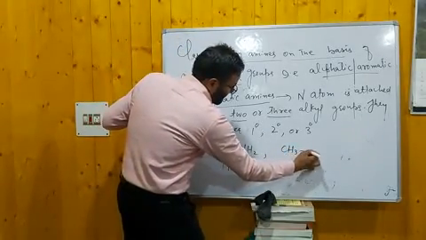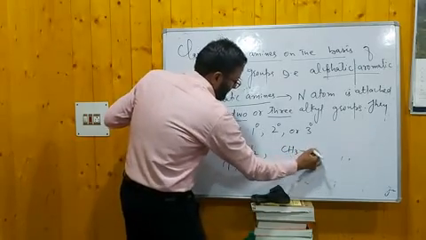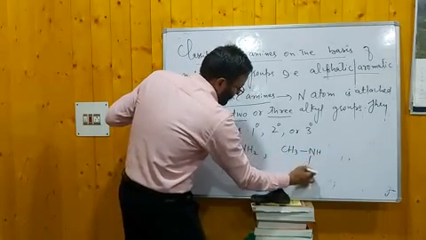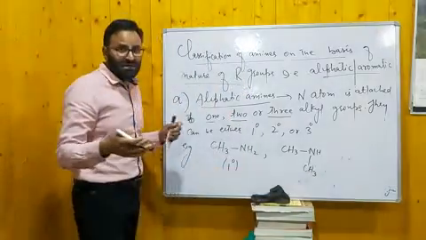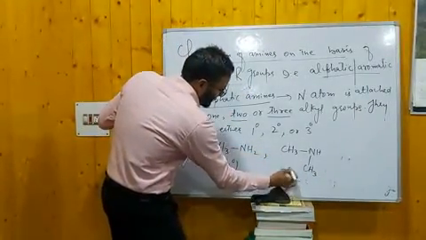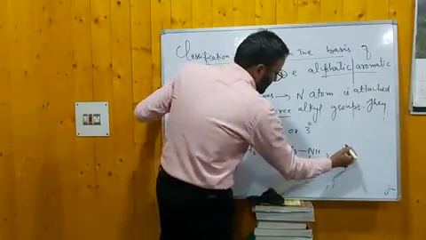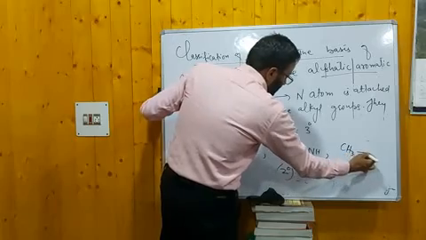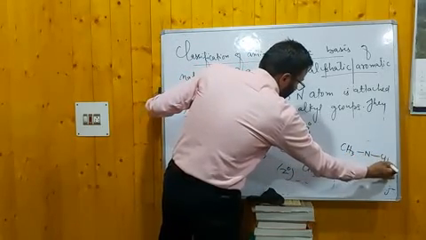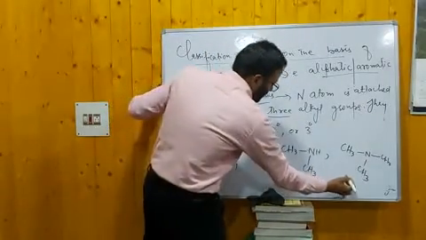The example is CH3NHCH3. Two hydrogen atoms have been replaced by two alkyl groups. It is the secondary amine. Now we have the 3 degree. Here the nitrogen atom is attached to 3 alkyl groups. This will be the 3 degree.